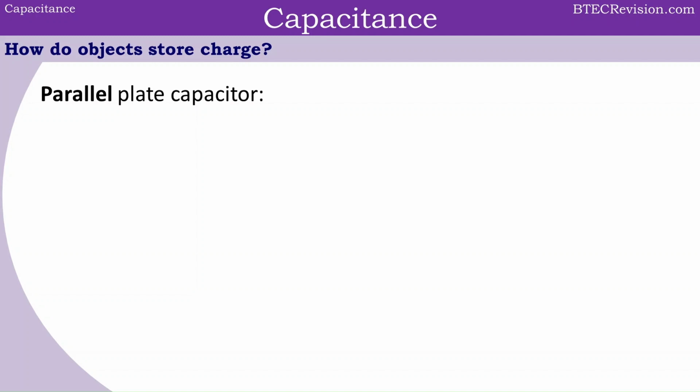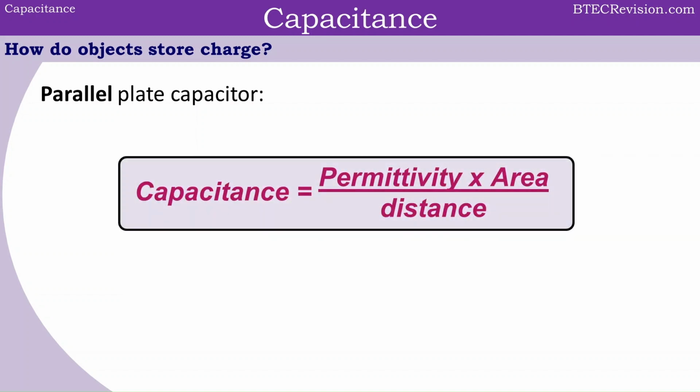For capacitors that have parallel plates, we can also use this equation, which is capacitance equals permittivity times area divided by the distance. And if you remember from last lesson, permittivity, also known as absolute permittivity, is equal to epsilon r times epsilon naught, where epsilon r is the relative permittivity and epsilon naught is the permittivity of free space.